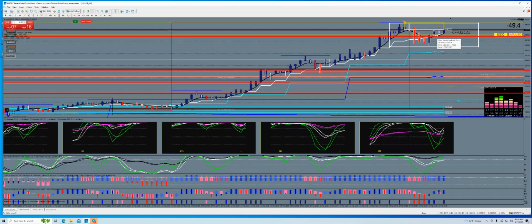Well, at least if you didn't get in here, assuming that it's coming down, then this will keep you out of trouble, because the 1 minute's not ready yet. Yeah, it looks like it's going to take that one ball out.